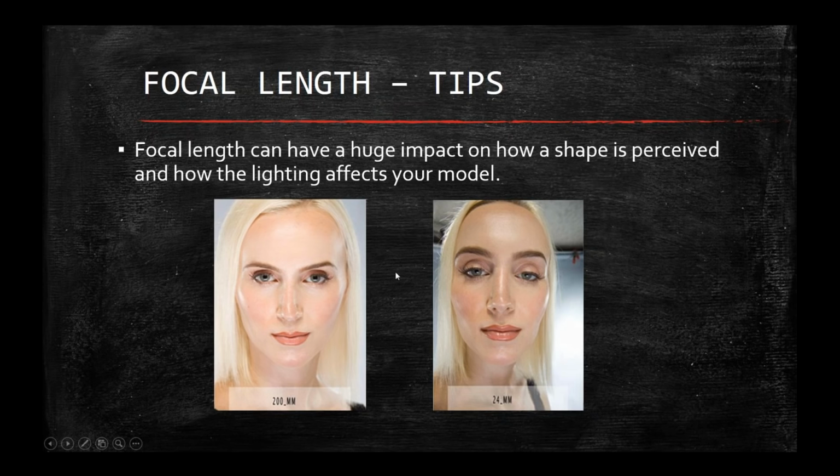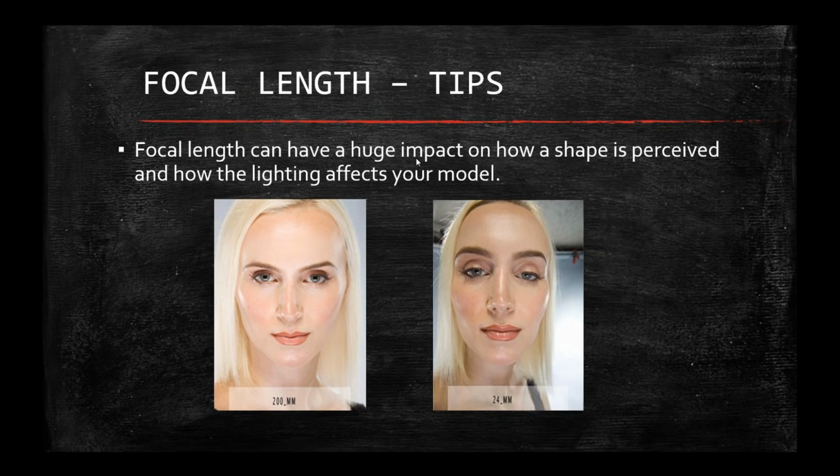And never take a photo of your girlfriend or your wife with a wide-angle lens, because it's going to make the nose huge and make the face really weird. So never take portraits of people with a wide-angle lens. It's quite a huge difference that the focal length can make. And you can see also that the lighting can change dramatically because of the focal length and the fact that you have to move the camera much closer to your subject to have the same field of view.